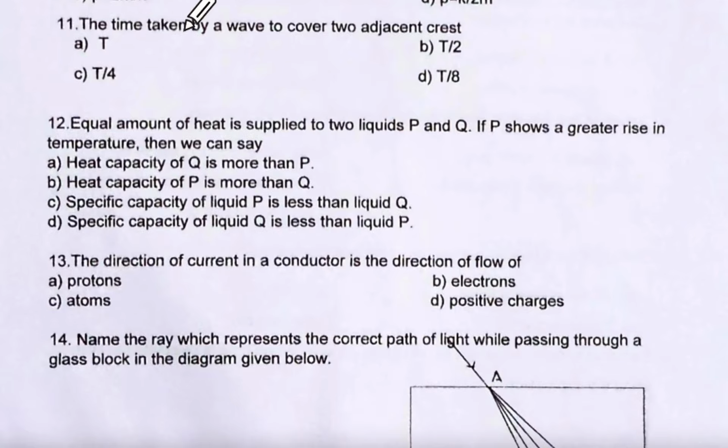Let us come to time taken by a wave to cover two adjacent crests. Two adjacent crests means it is going to be lambda. Now time taken for one wavelength is going to be one time period. Got it? 12th one. Equal amount of heat is supplied to two liquids P and Q. P shows greater rise in temperature.